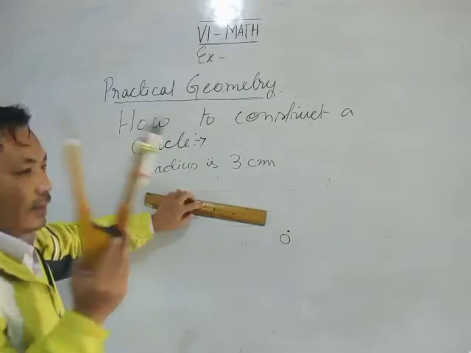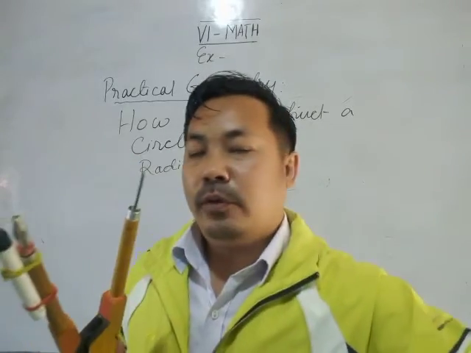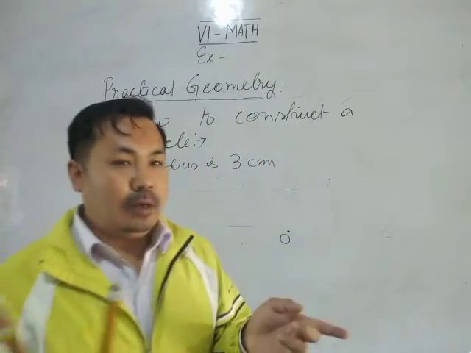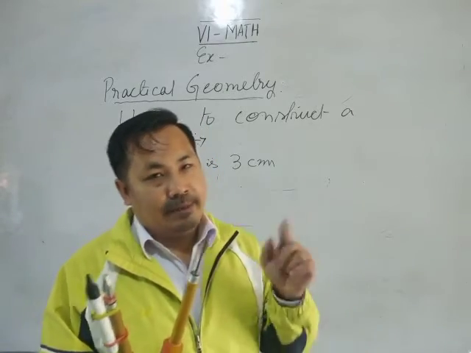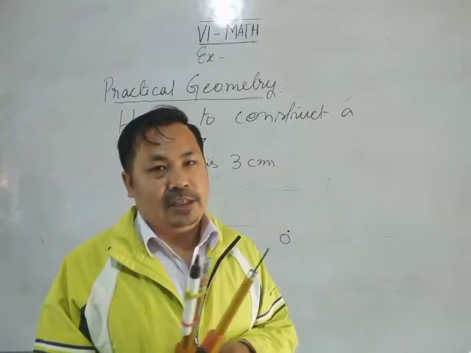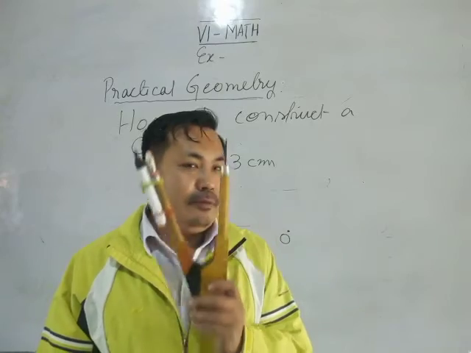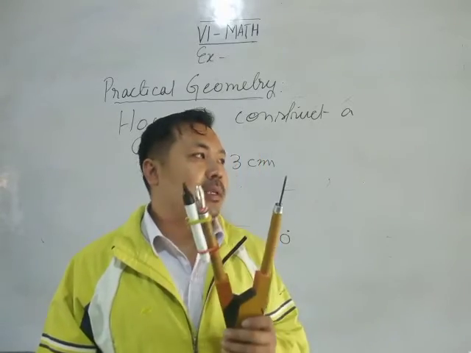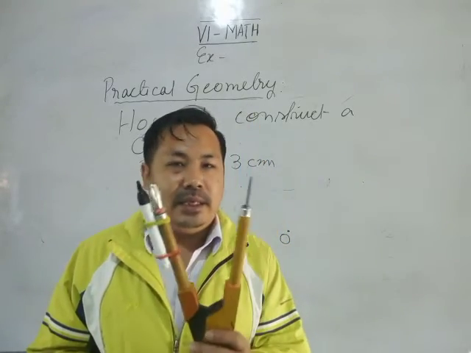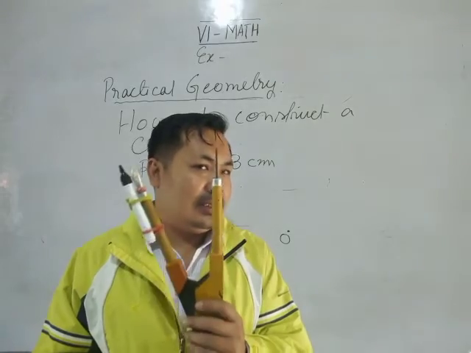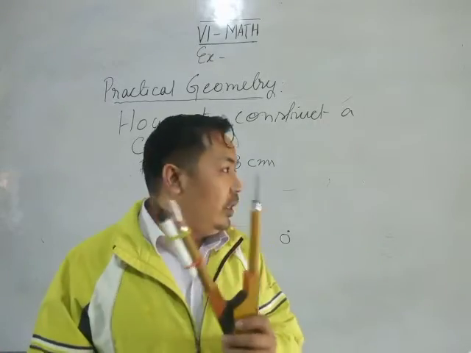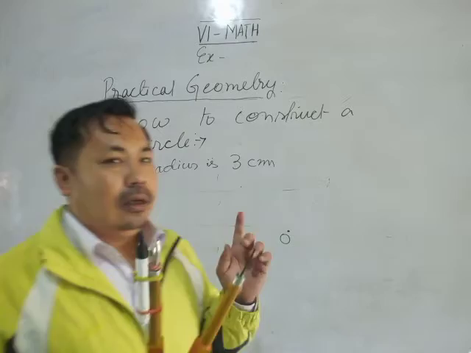Think that this is my 3 centimeters, but your 3 centimeters will be a little different because your ruler may have a little different size. But for my compass, the radius of 3 centimeters is like this. So with this radius, we are going to construct the circle.